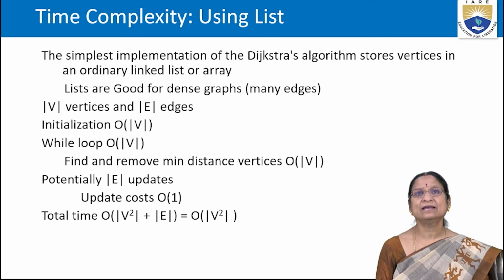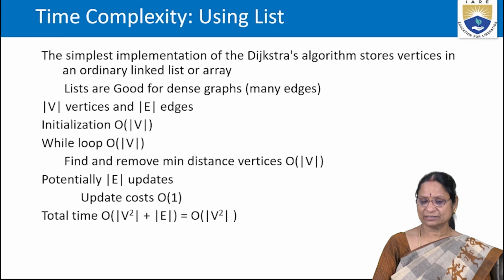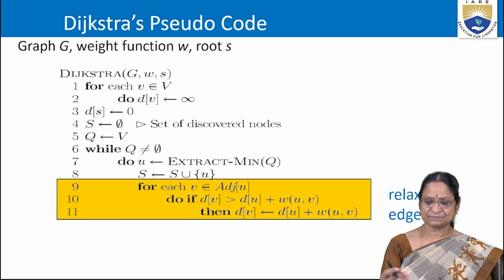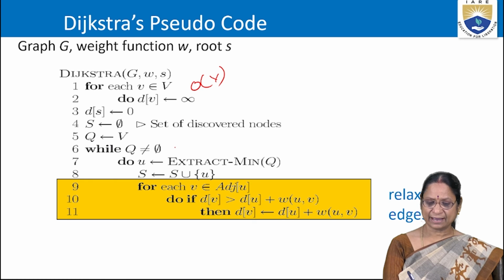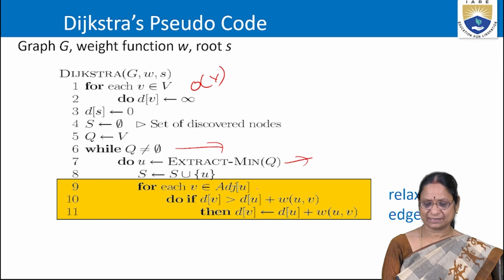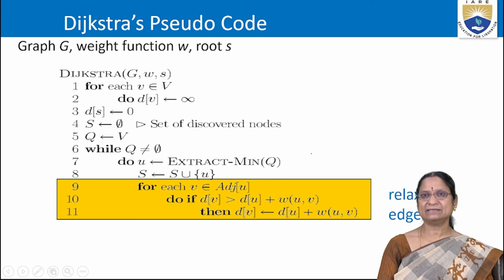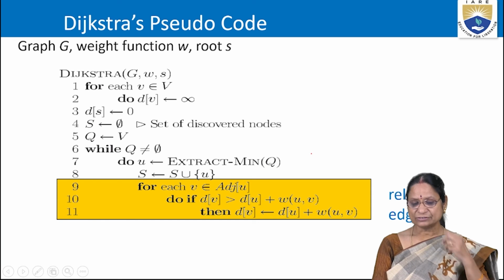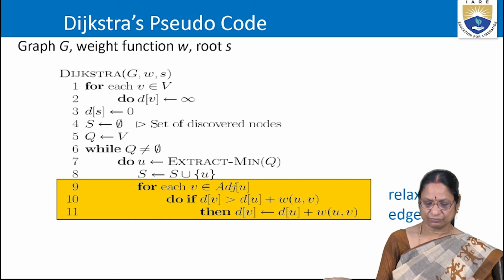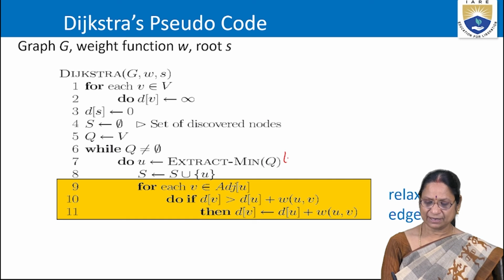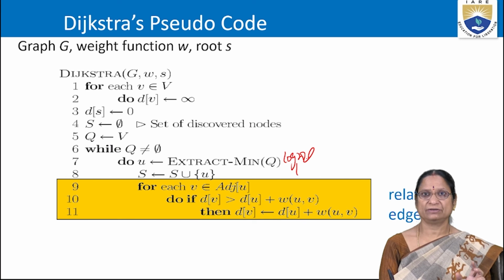Let us assume that, according to our algorithm, you observe the loops here. This is order of v, and here we have one outer loop. Here we have an inner loop. So depending upon the number of edges to be relaxed, and extract min, there is an inner loop. Depending upon these two, it may be either log n or log v, or it may be log e.